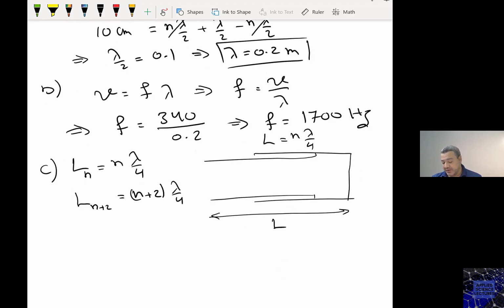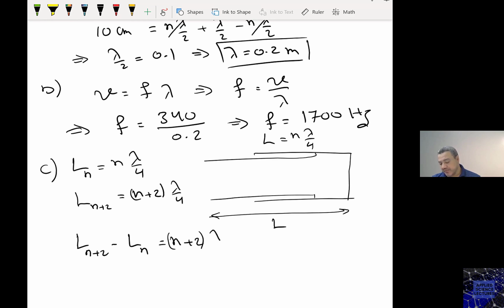Now if I take the difference here, Ln plus 2 minus Ln, this is n plus 2 lambda over 4 minus n lambda over 4, n lambda over 4 plus 2 lambda over 4 minus n lambda over 4.